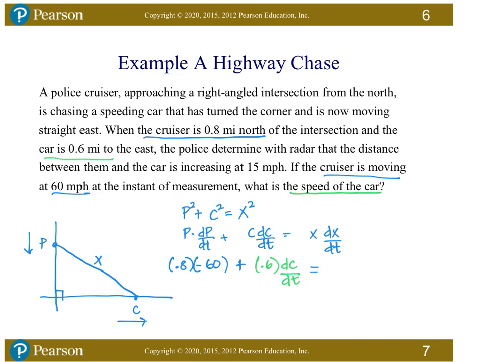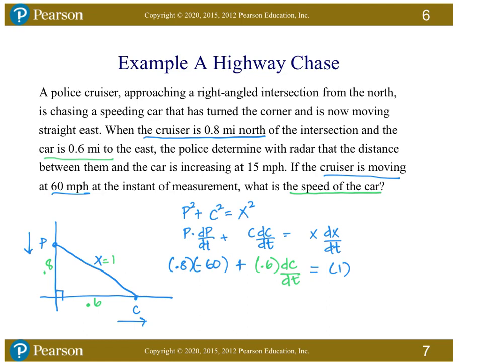And the value of x. All right, we're going to need to do some Pythagorean theorem again. If we know that we've got one side that's 0.8 and another side that's 0.6, a quick Pythagorean theorem tells me that x is 1. So we have the value of 1.